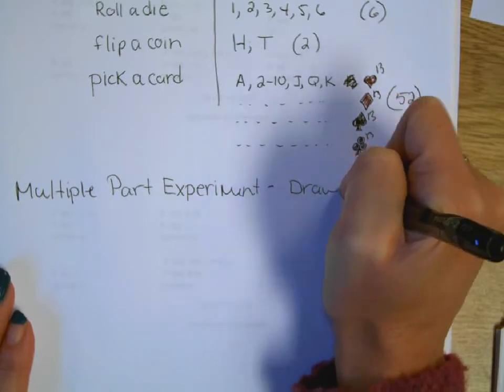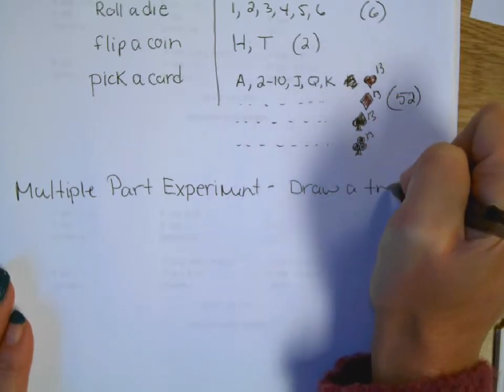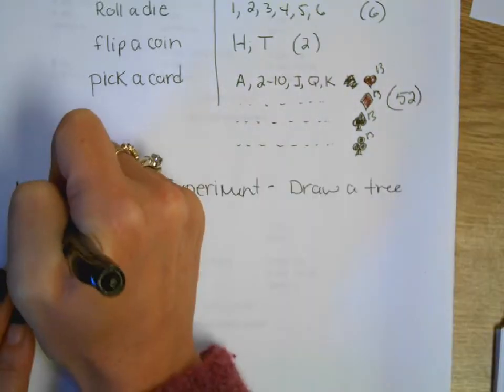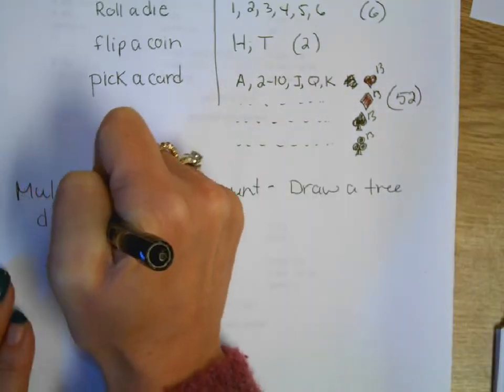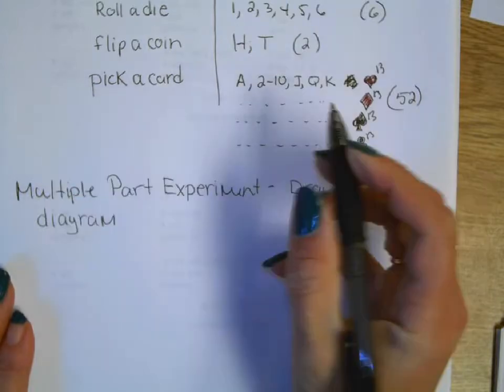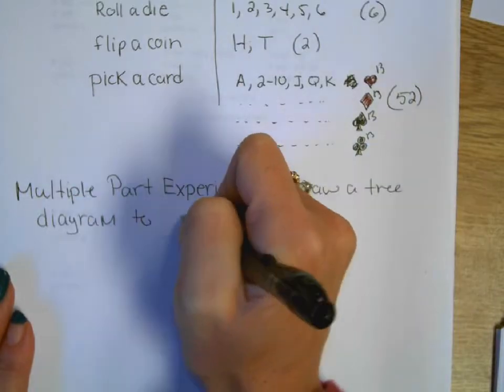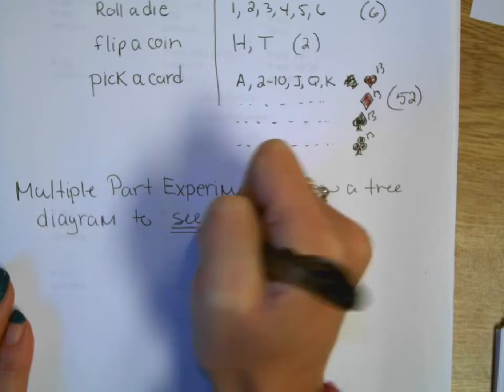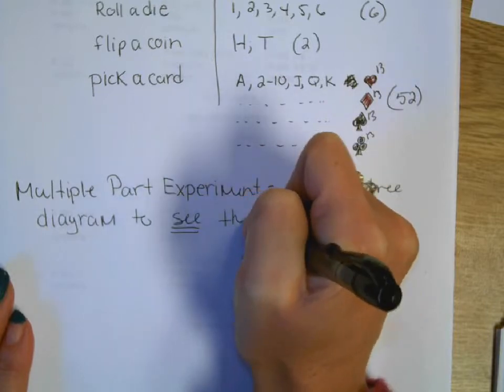So we're going to draw a tree diagram to physically see the sample space.